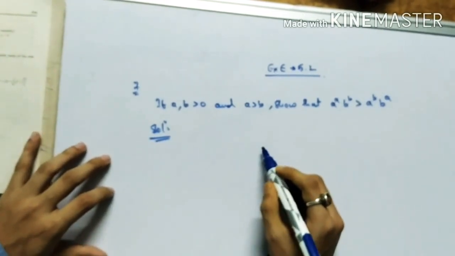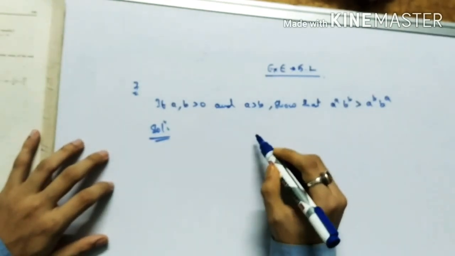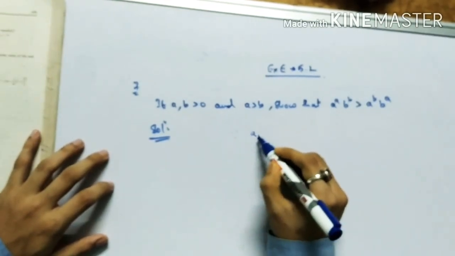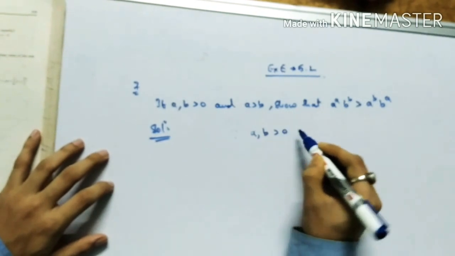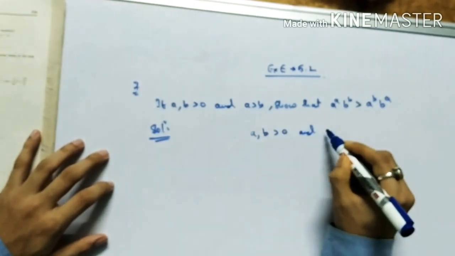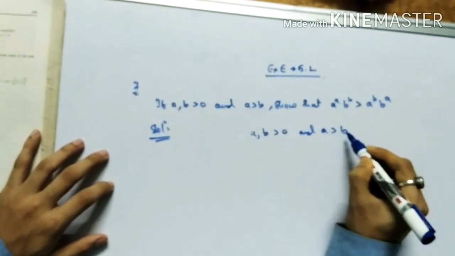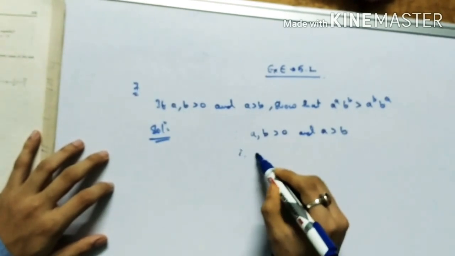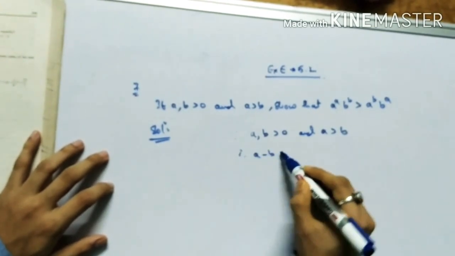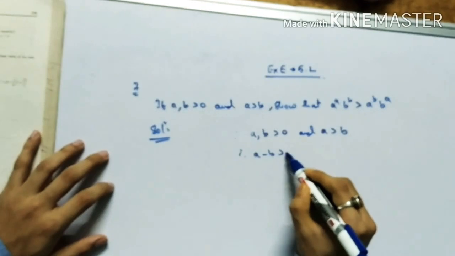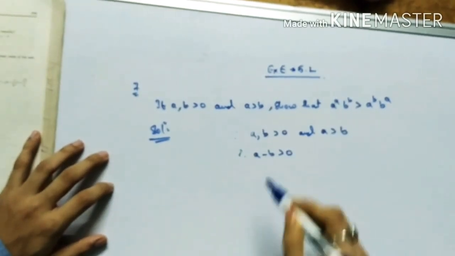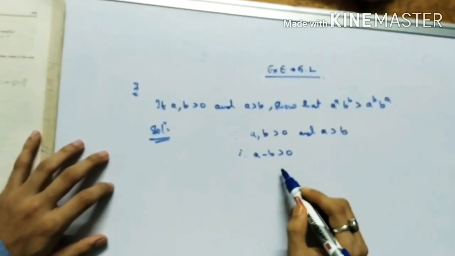So in here you see, since a, b greater than 0 and a greater than b, therefore a minus b will be greater than 0.